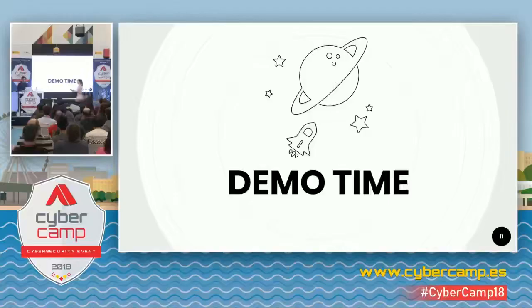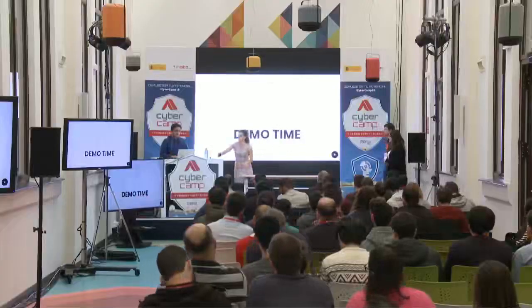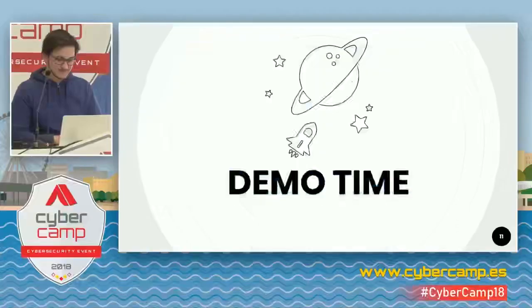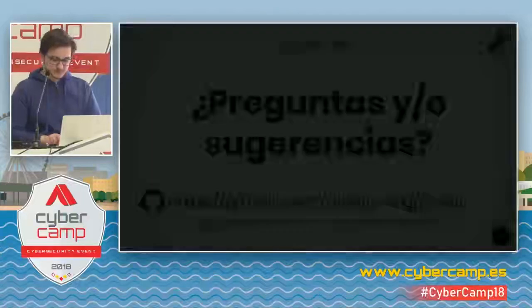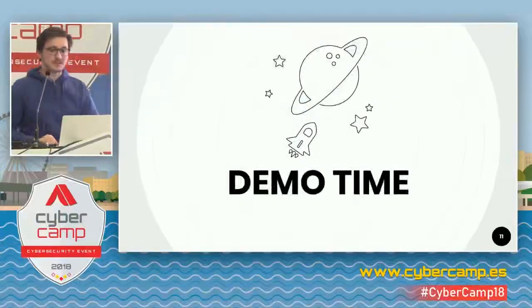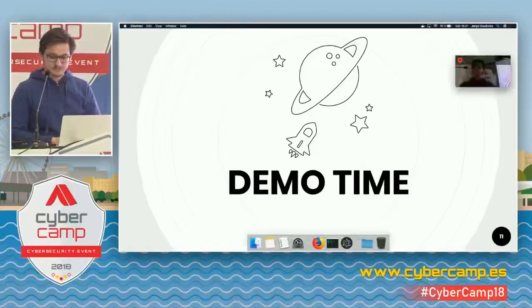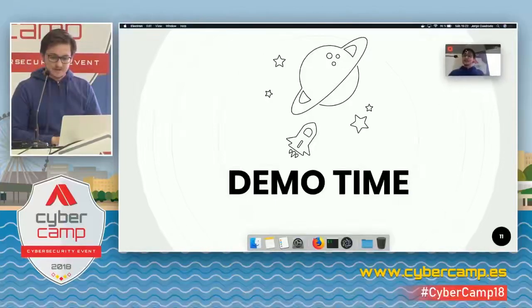And now my colleague is going to show you the demo. We've got the GitHub video of this demo if you want to watch it online, but we're going to play it live here. Let me just wait for the application to start first. There it is. Have a look at that top right hand corner.